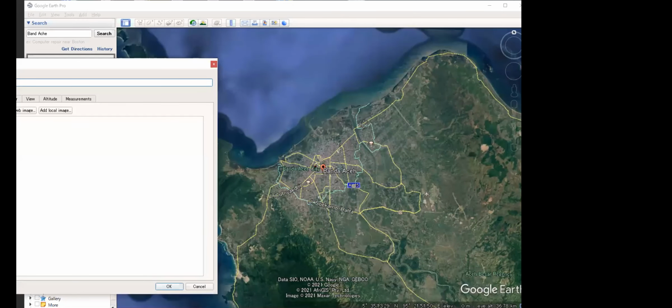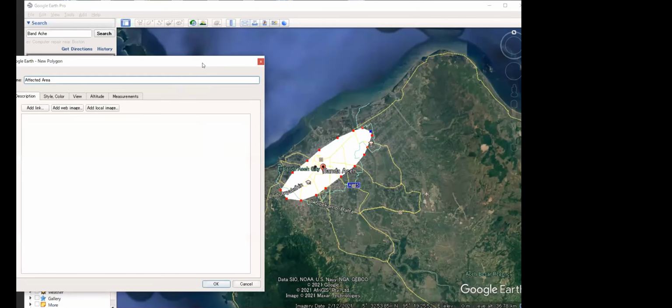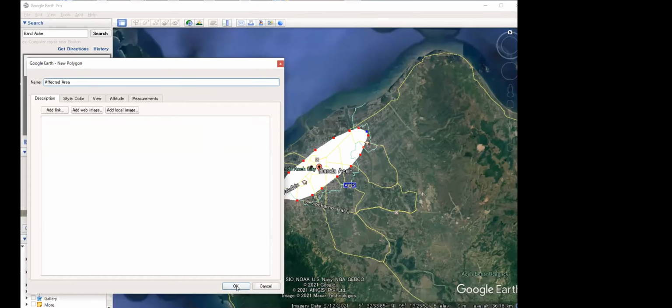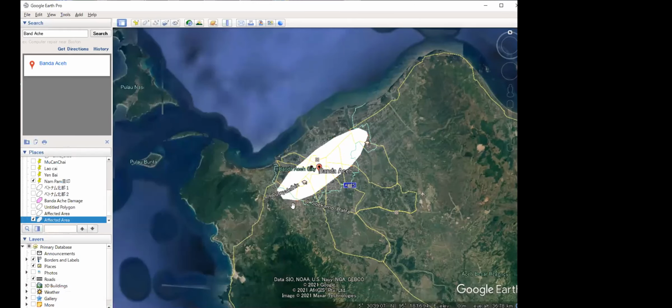And how to make a polygon is like this, by clicking each corner point and just clicking the OK button.